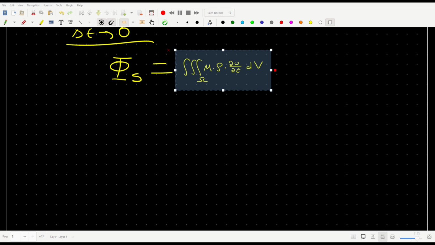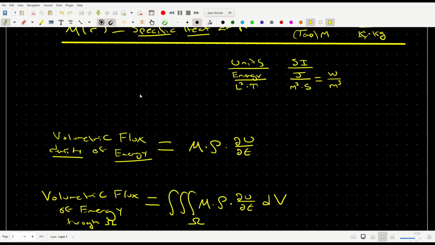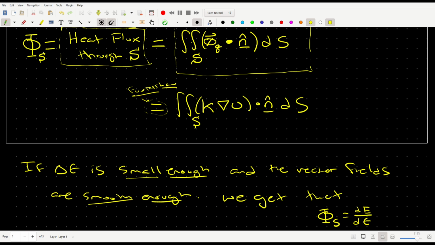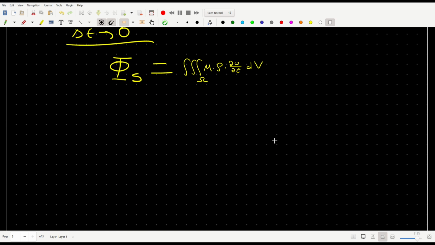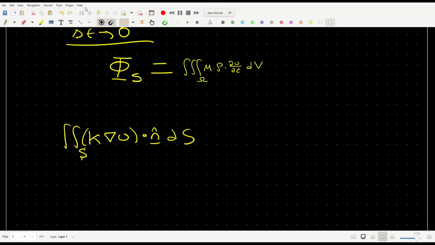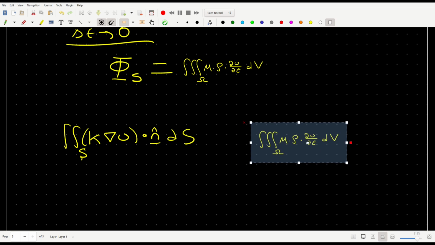And what this means then is that we can take our integral expression for the heat flux, which was this expression right here, and say that this surface integral has to be directly equal to this volume integral.